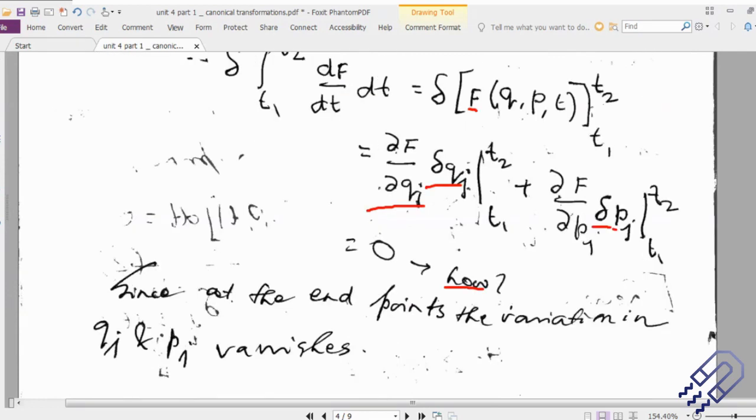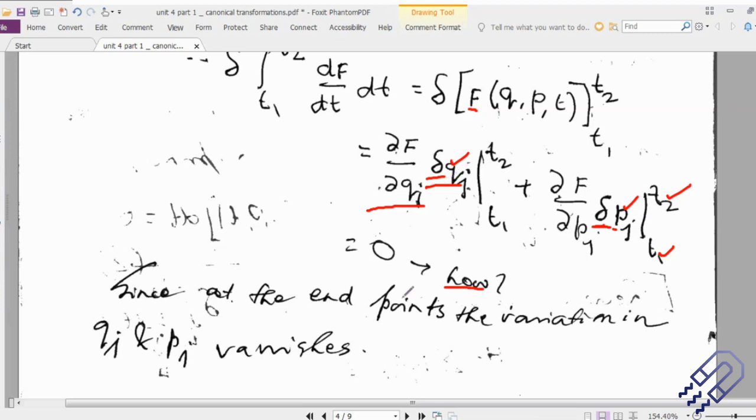If we are going from t1 to t2, that means you are considering the variable from one end to the other end. And whenever you write it down in terms of small delta, that means you are considering the variation. The case is such that at these two extreme points, t1 and t2, there is no variation in pj and there is no variation in qj.